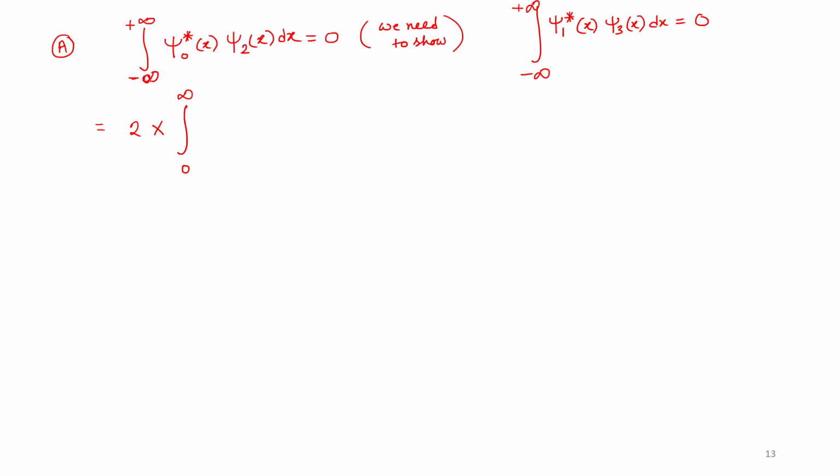So here, minus infinity to infinity is actually for an even function twice into 0 to infinity. So that is psi 0 star x psi 2 dx. Okay.